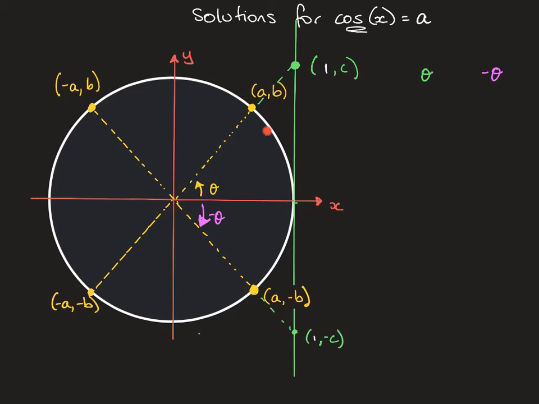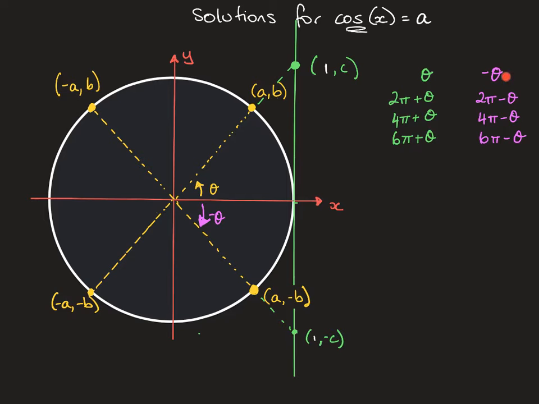And if we think about what we did last time, every time we travel round 2 pi, we generate another solution based on theta and also based on minus theta. So again, we've got a pattern, 2 pi, 4 pi, 6 pi, they're all plus. From minus theta, if we add 2 pi, we get 2 pi minus theta.